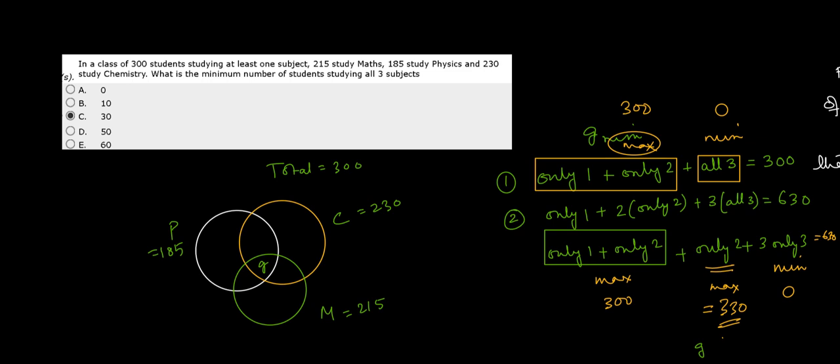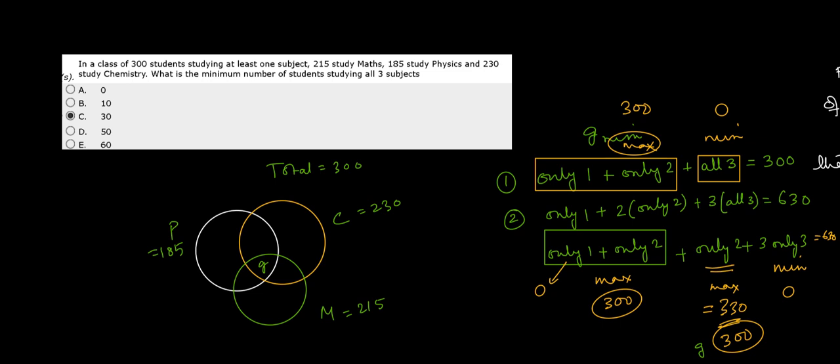What will we do? Only 2 is 300 maximum, correct? Only 1 maximum is 0. So only 1 plus only 2 will be 300 again, right?